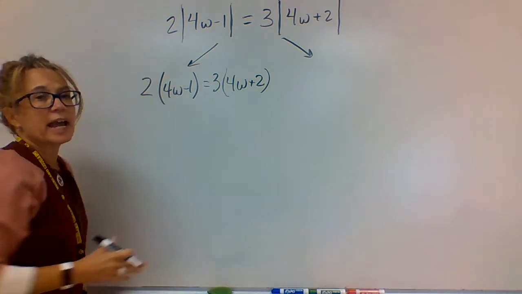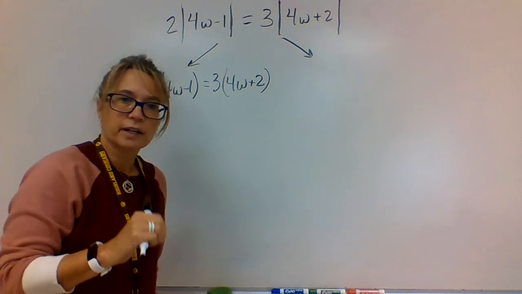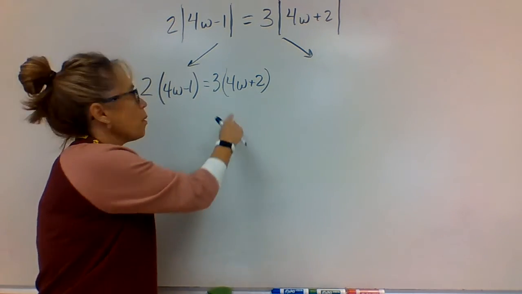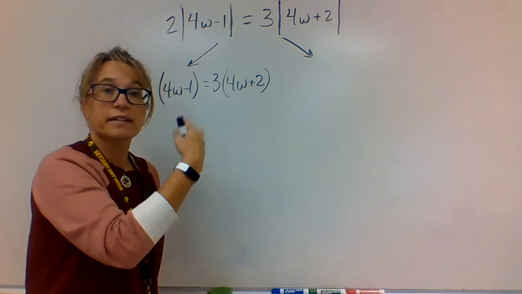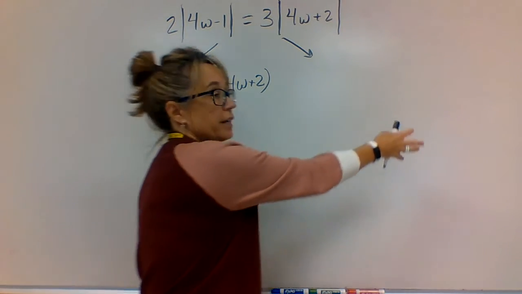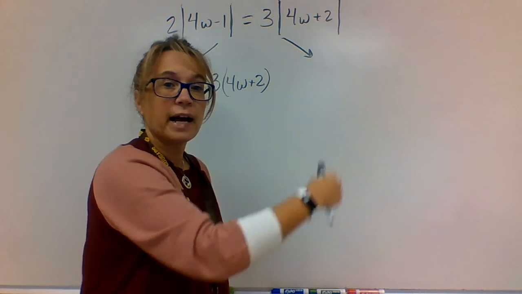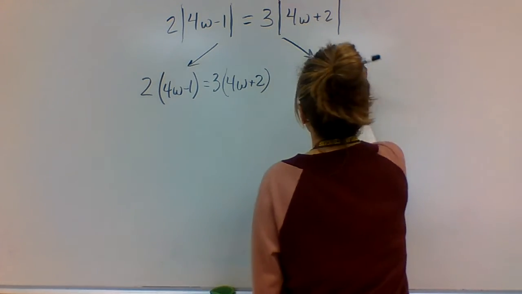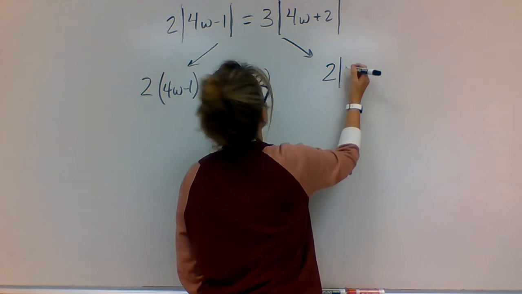Notice I didn't change anything except I just switched out the absolute value for parentheses, because we are going to do the distributive. But this side is normal. It's the original, okay? Now the other way, I'm going to have to do the opposite of it, meaning the negative of it. So I'm going to pick one of the sides to stay the same, which I always pick the left.